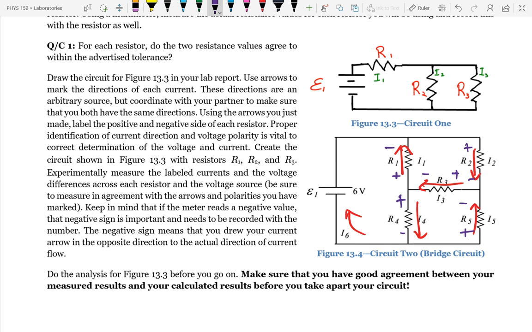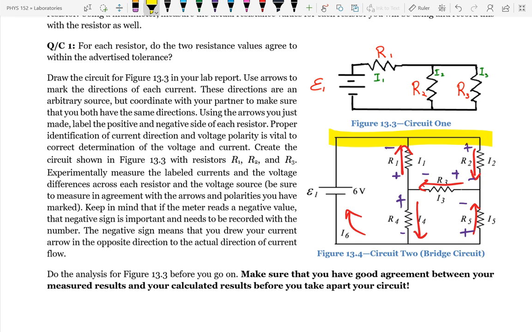Then you're going to identify each of your essential nodes and make a Kirchhoff's current law equation for them. How many essential nodes are in this circuit? There are 4.